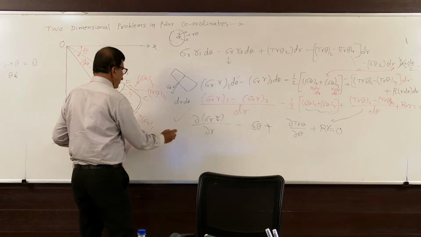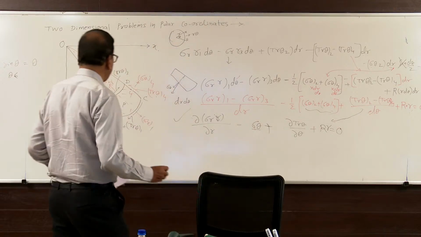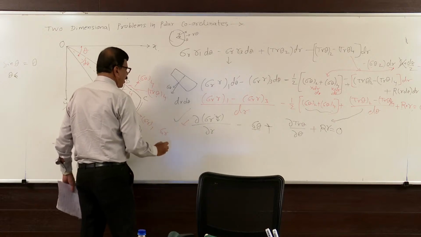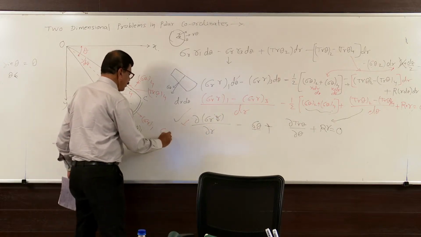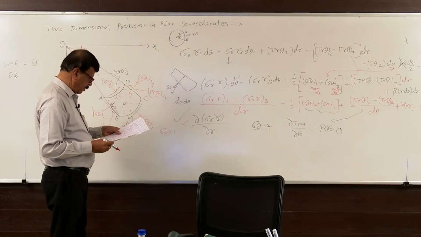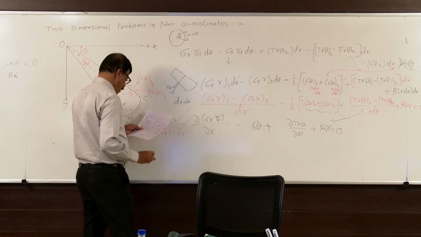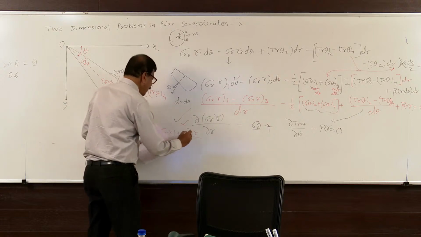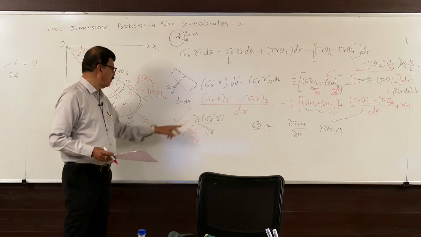So first term is sigma r and d by dr of r is 1. So it is 1 plus second term into del r, del sigma r by del r, like this. This is the differentiation of this.